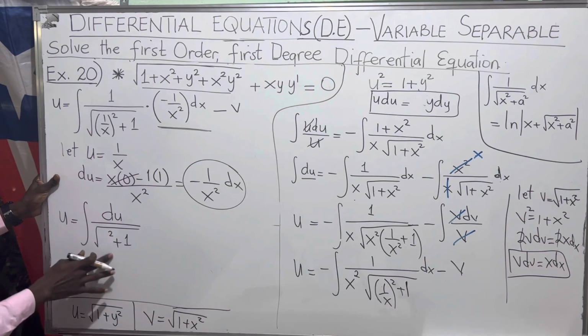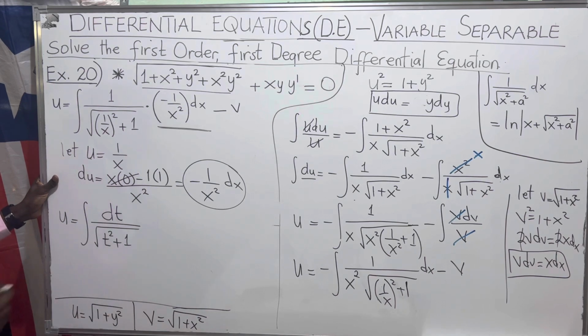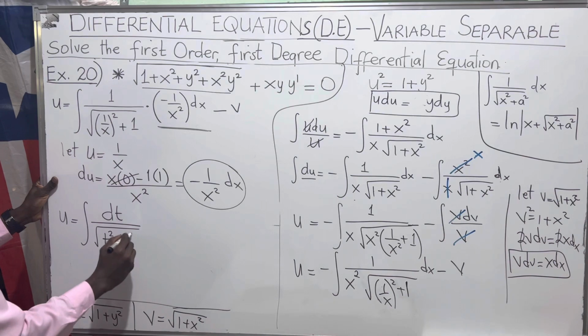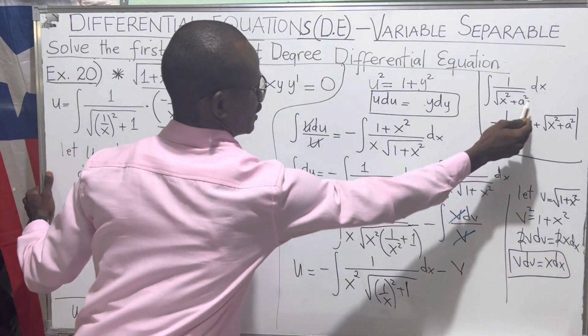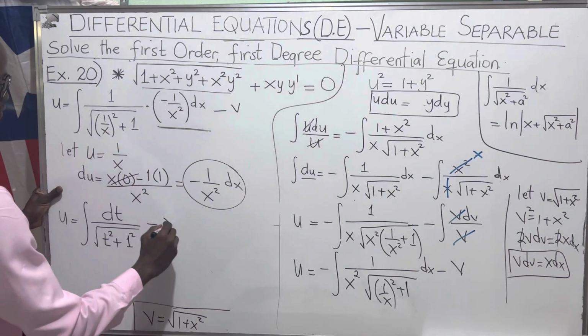Now we use t, right? So it's t squared plus 1. This 1 can be rewritten as 1 squared, so that you see that it appears in that form. And so minus v.